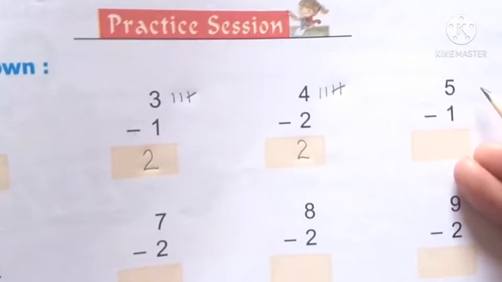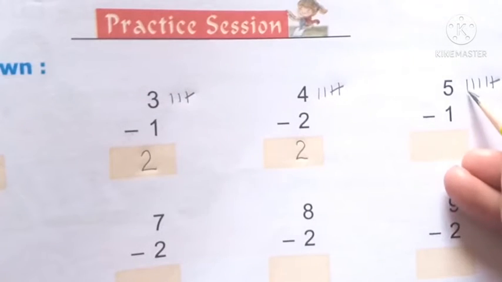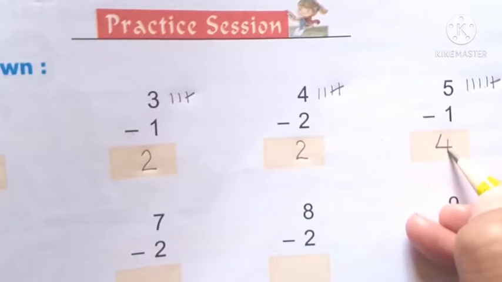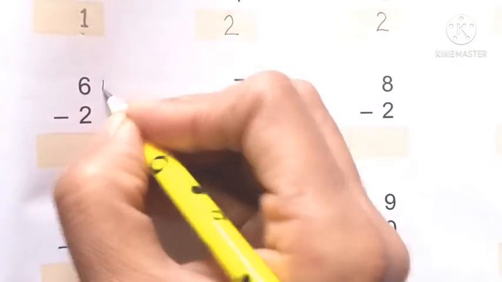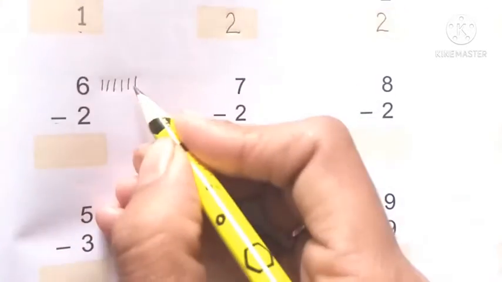5 minus 1. 1, 2, 3, 4, 5. Minus 1. 4 are left. Our result is 4. 6 minus 2. 1, 2, 3, 4, 5, 6. Minus 2.